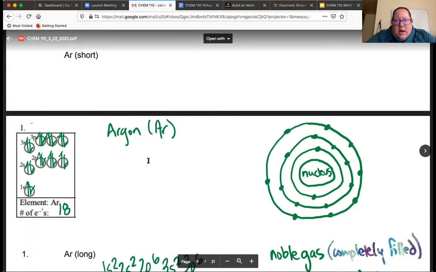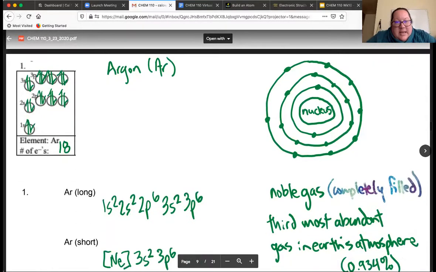So here's argon. We know that it has 18 electrons because of its atomic number. And if I take a look at argon, here are the features that I want you to see in terms of filling in the orbital chart. Do you notice how there's one arrow pointed up and another arrow pointed down?